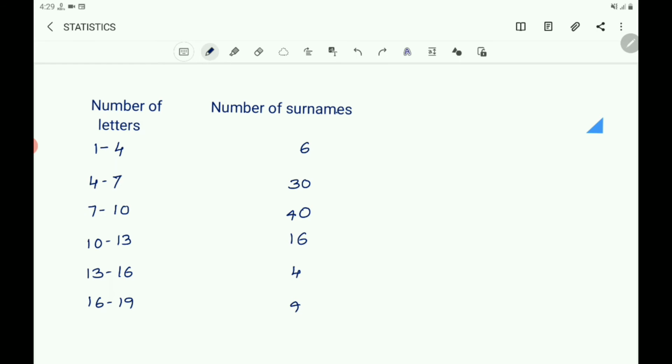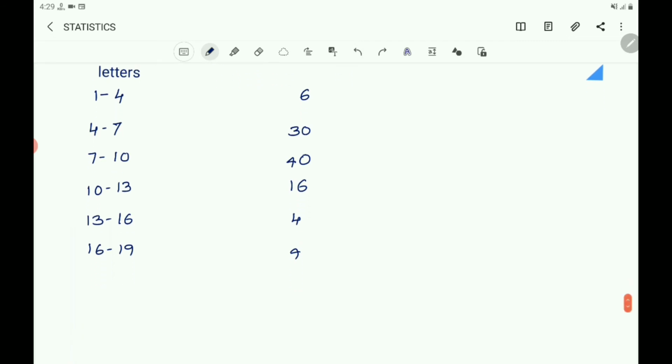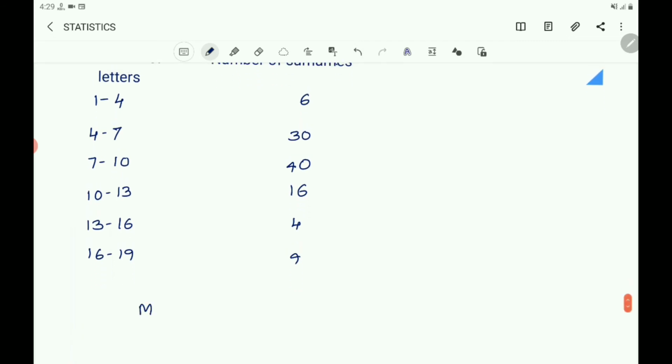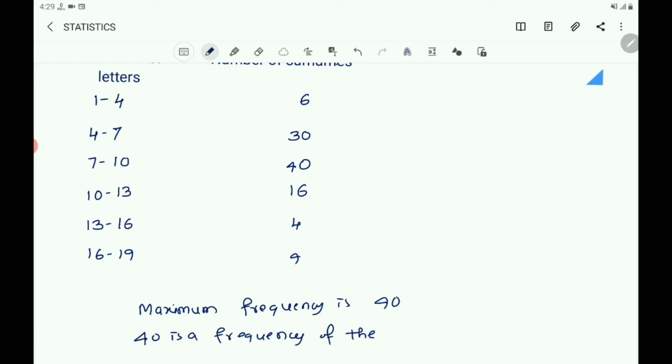So 40 is the frequency of the class 7 to 10. Therefore the modal class is 7 to 10.